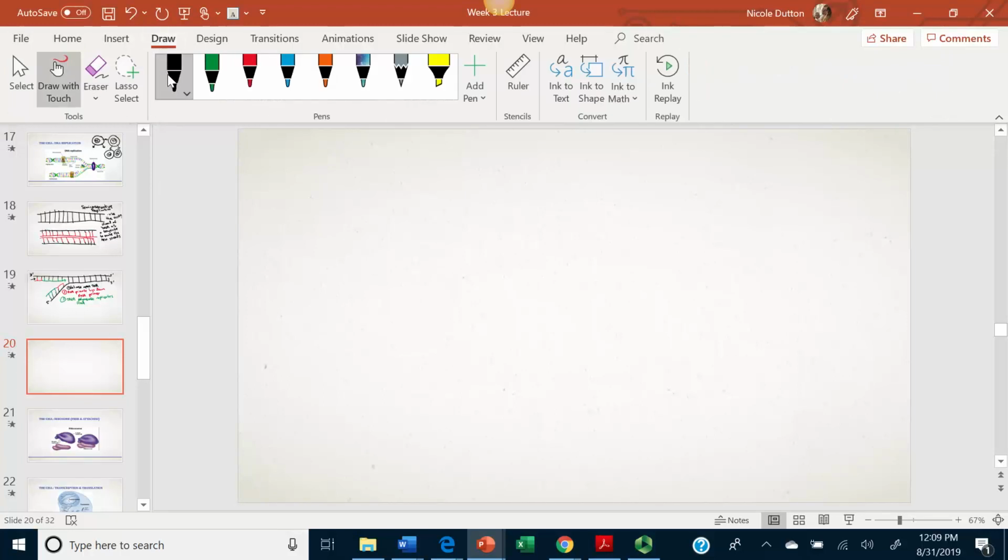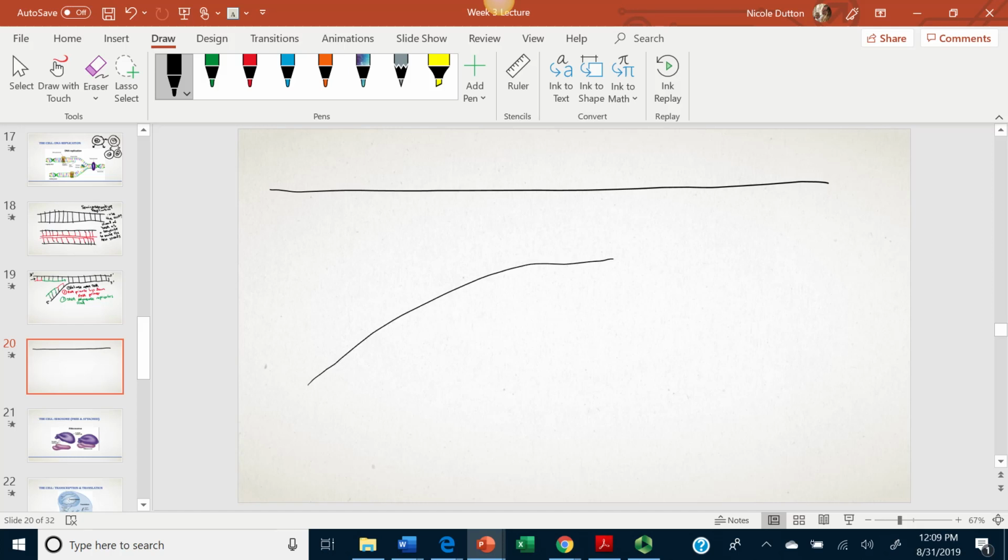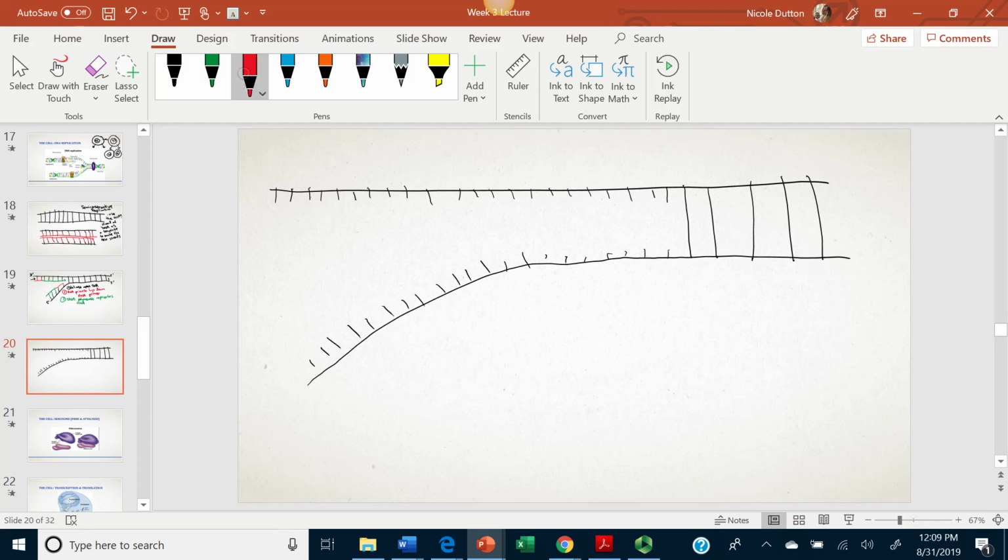So helicase is going to continue to open up the strand of DNA. And as our strand continues to open, we're going to lay down one primer again for the top strand.